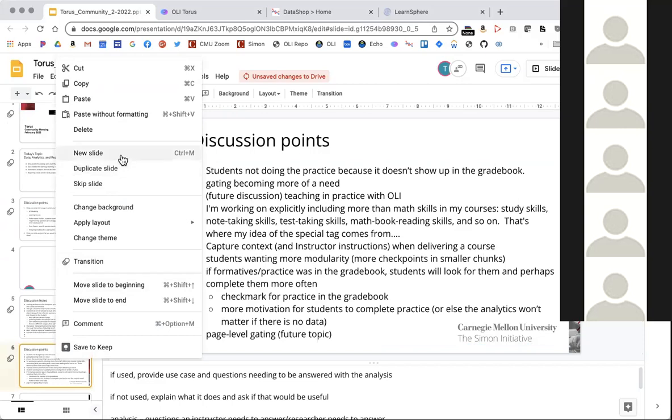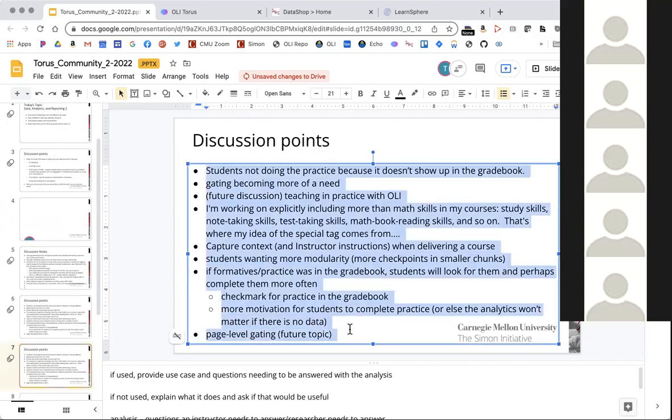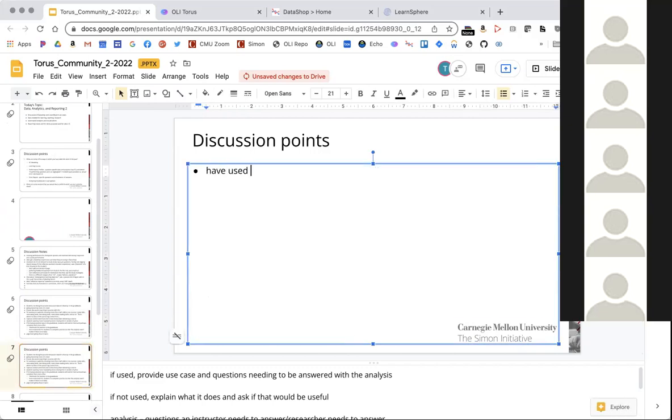So we have used analyses to rewrite questions that students were getting wrong at a strange percentage. We absolutely have looked at the data for individual question performance, and it really helped us to change our questions.